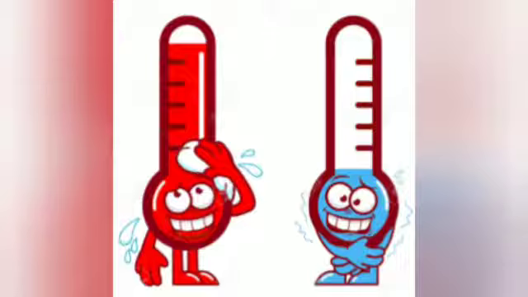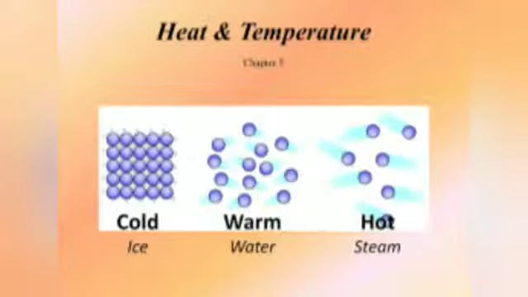But the question rises here, how to measure the temperature? Molecules in any substance are very small to analyze and calculate their motion. So it is a bit difficult to find the increase of kinetic energy in order to measure its temperature.